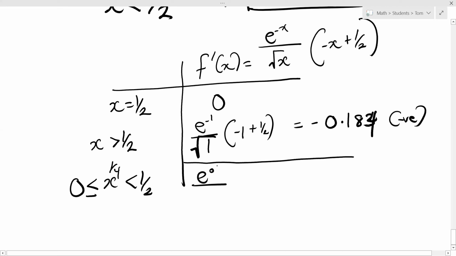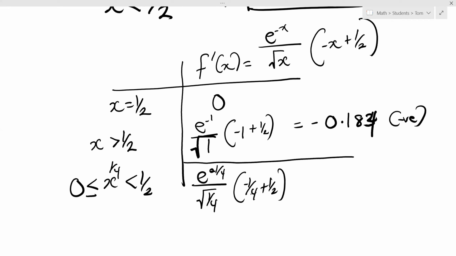So e to the power of negative 1 over 4, over the square root of 1 over 4, bracket negative 1 over 4 plus half.